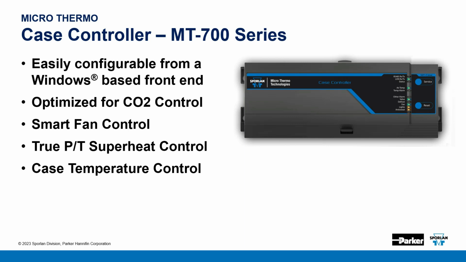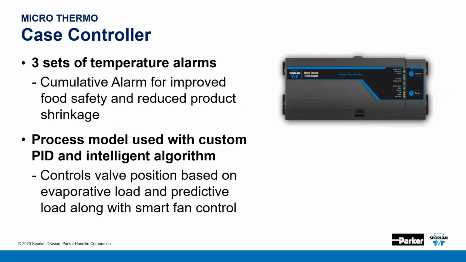Smart fan control, true pressure and temperature superheat control, like a standard mechanical Sporlan expansion valve does. Well, that's the same philosophy we use with microthermal case controllers. Or, if need be, we can simply do case temperature control and use superheat as a backup.